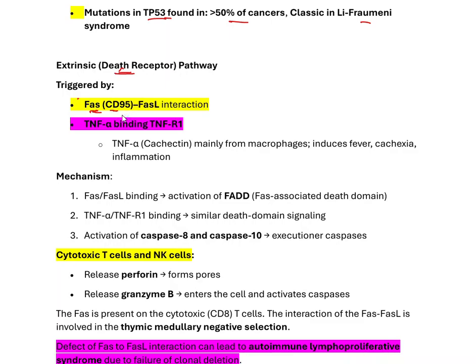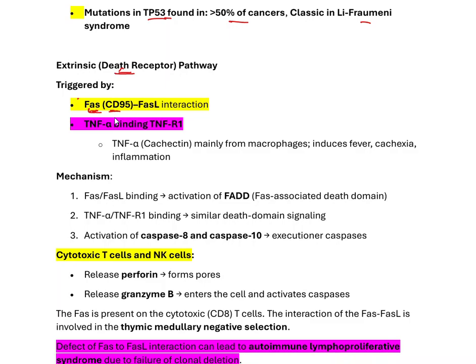Very good, CD3. And if it's a T helper cell, then you go to see what? CD4 in addition to CD3. And if it's a cytotoxic T cell, you go to see what? CD8 in addition to CD3. So same thing for this receptor, the marker for it is CD95.